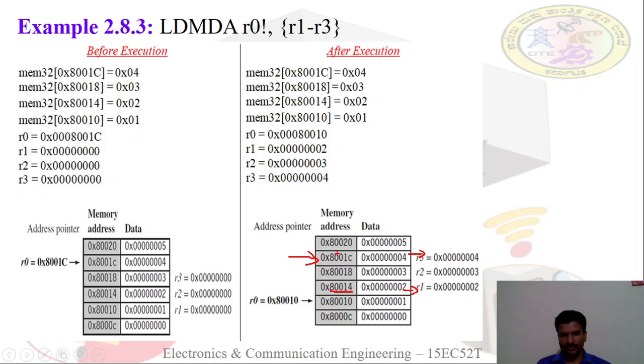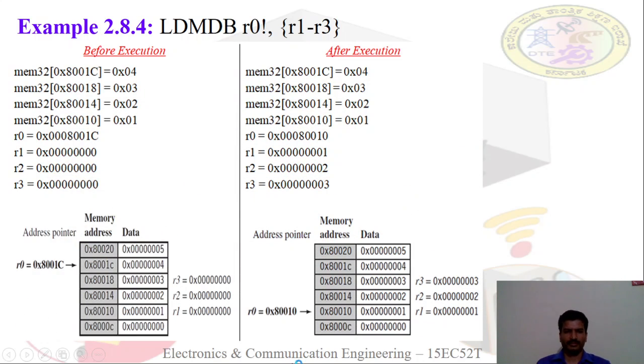So we are moving from a higher address to a lower address, so it is loaded with the highest register first, then the lowest register last. In case of IA, we are moving from the lowest address towards higher addresses. So there the lowest address data is moved to the lowest register and the highest address data is moved to the highest register.